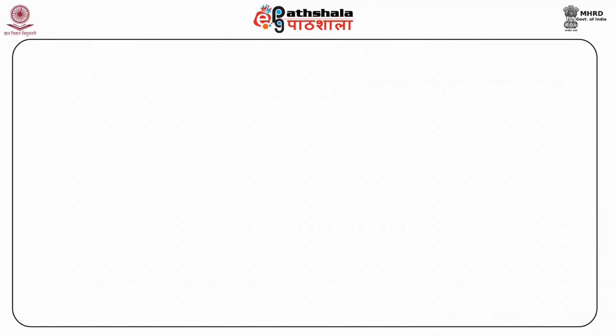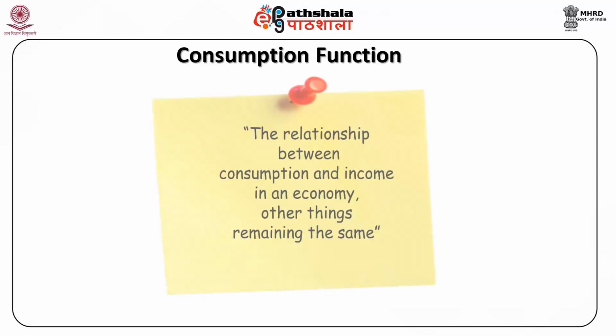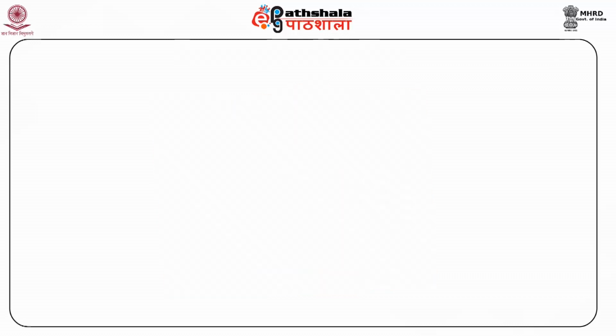To understand the relationship between consumption and income, let us examine the consumption function. Simply put, consumption function is the relationship between consumption and income in an economy, other things remaining the same.